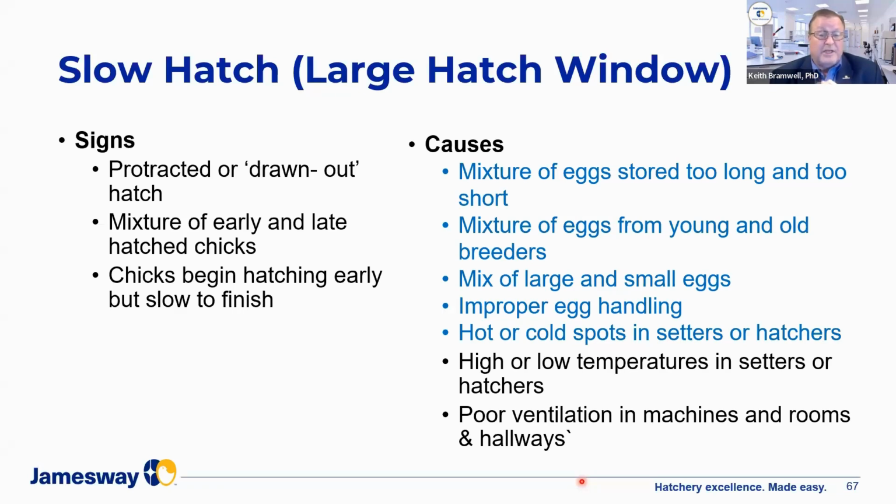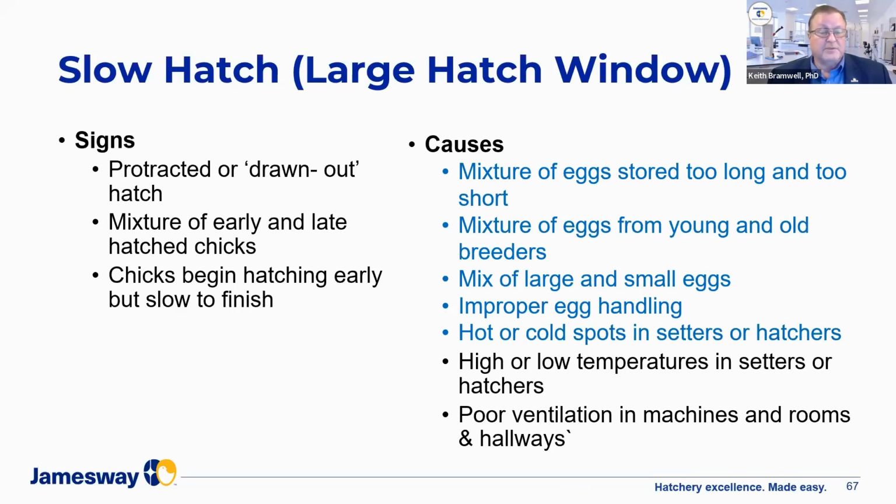If we have a large hatch window, I think that's one thing I'll really emphasize with our Jamesway single stage products: we create a very uniform hatching window because we have a very uniform environment in our setter cabinets that will allow the birds to all develop as they should, as long as we're not mixing long stored, short stored eggs, old eggs, young eggs. We can look at that. Sometimes we have to, but we can address that if we get a large hatch window, a slow hatch.